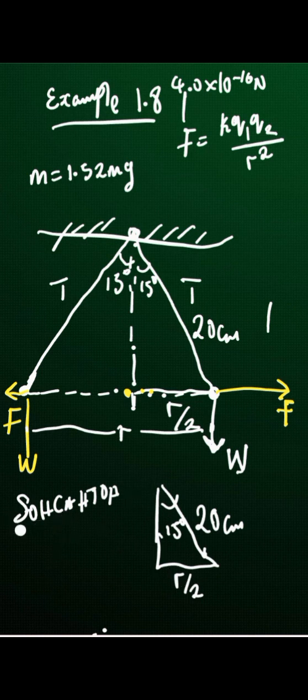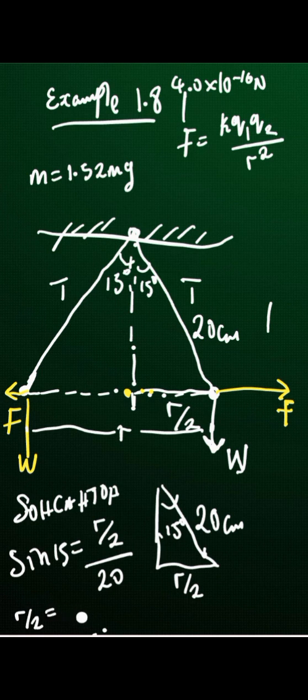So sine 15 is equal to our opposite, r over 2, all over our hypotenuse, 20. So make r the subject of the formula. That means r over 2 is equal to 20 sine 15, or r is equal to 2 times 20 sine 15.